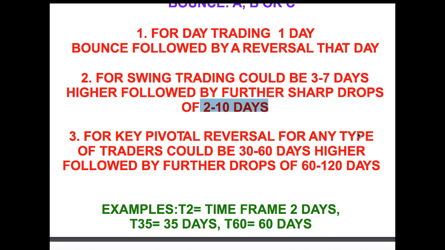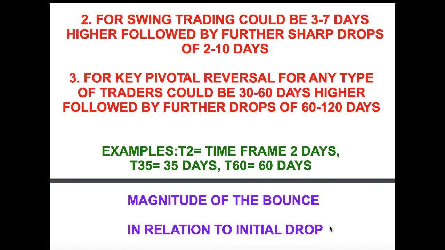When going through this video, we're going to reference the time frames in days. So when you see a designation like T2, that tells you the time frame equals 2 days; T35 means 35 days, T60 means 60 days.